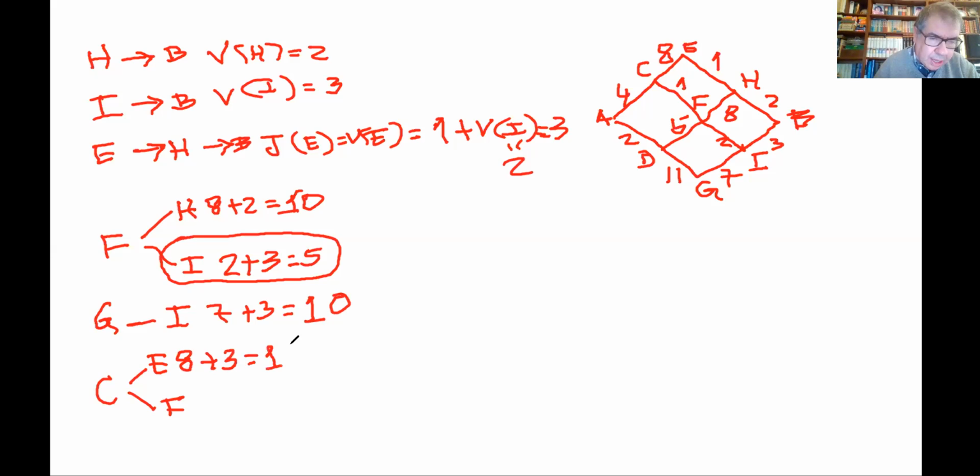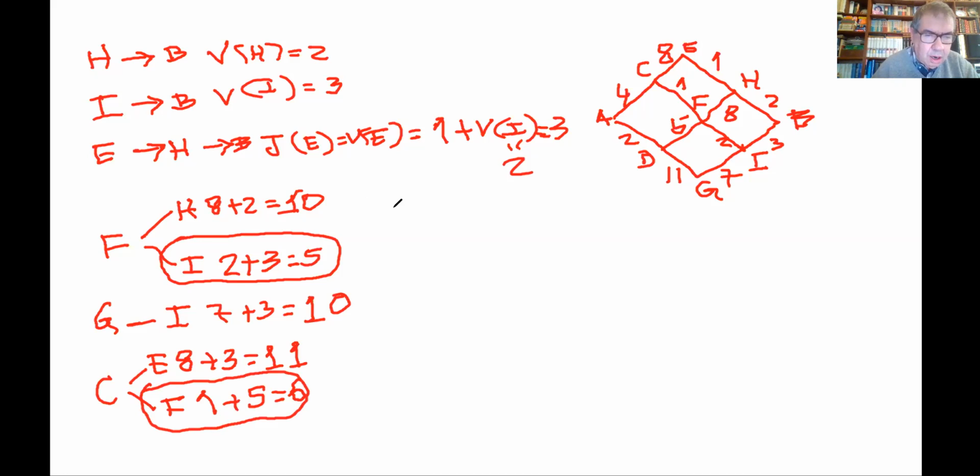And this would imply a cost of 11. If you go to F, the cost is 1 plus the value of F, which is 5. So if you take that option, it costs you 6. So you select the best one. So you should go to F, and the value is 6.